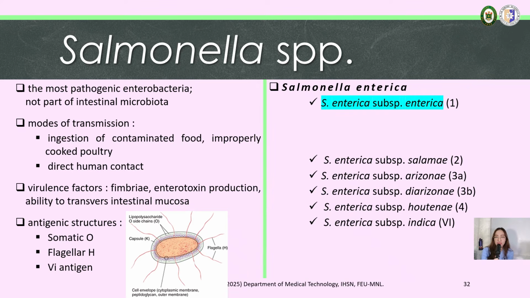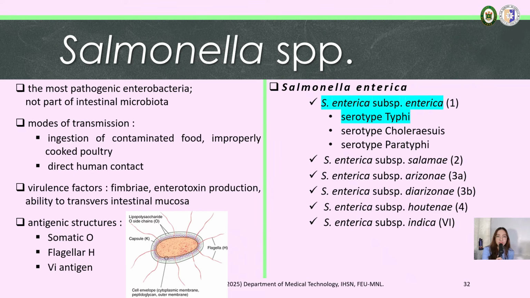So, we have Salmonella enterica subspecies enterica, subspecies salamae, subspecies arizonae, subspecies diarizonae, subspecies houtenae, and subspecies indica. Now, within the Salmonella enterica subspecies enterica, there are about three serotypes. All right, so we have serotype typhi, serotype choleraesuis, and serotype paratyphi.